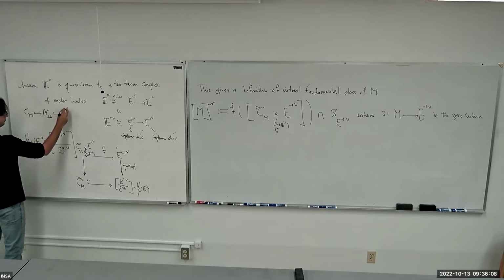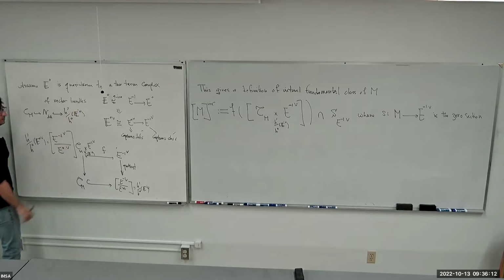So this was a result of this. The normal sheaf of M, which is H1 over H0 of L dot dual.